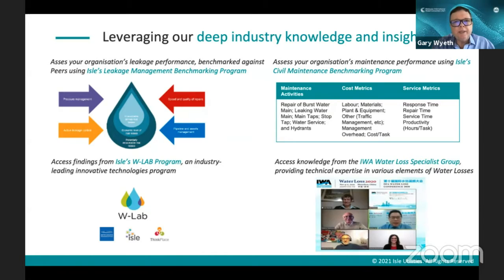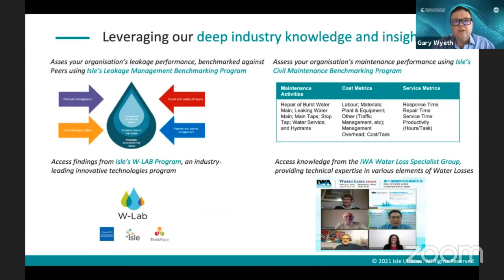All three of those look at some of the areas that we would look at in the SLMP, such as leakage management, asset management, and digital management, and come up with where a utility sits, benchmarked against other utilities.